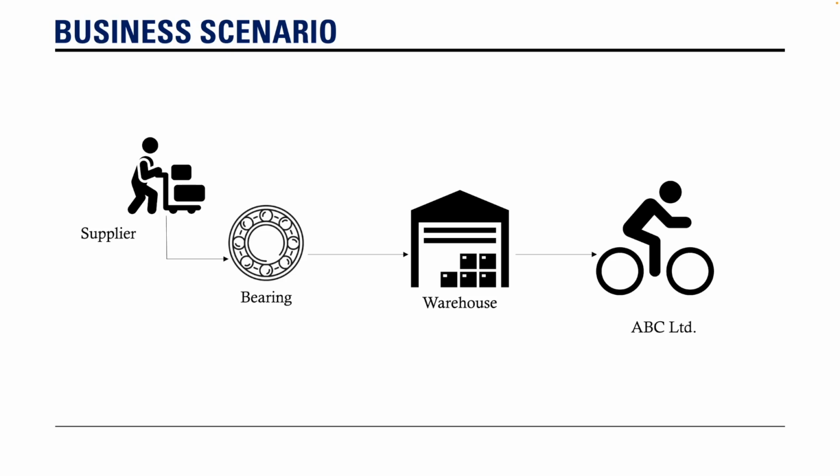But the problem with this process is that the bearing will be required in huge numbers, and for that you will have to store a large quantity of bearing in your warehouse. And to maintain this inventory, you will have to pay the vendor an upfront amount against this particular purchase order that you will place on the vendor.